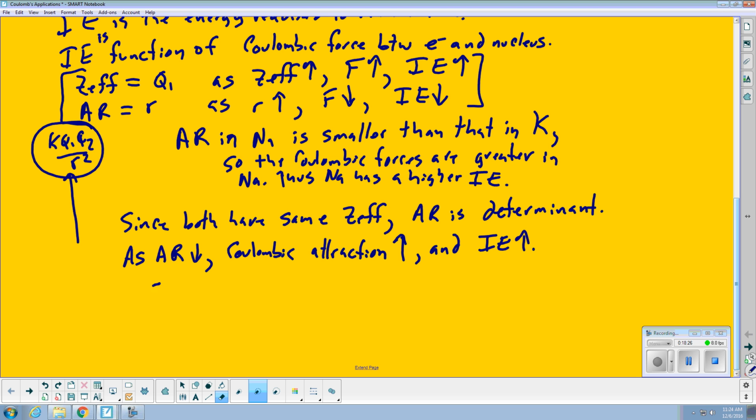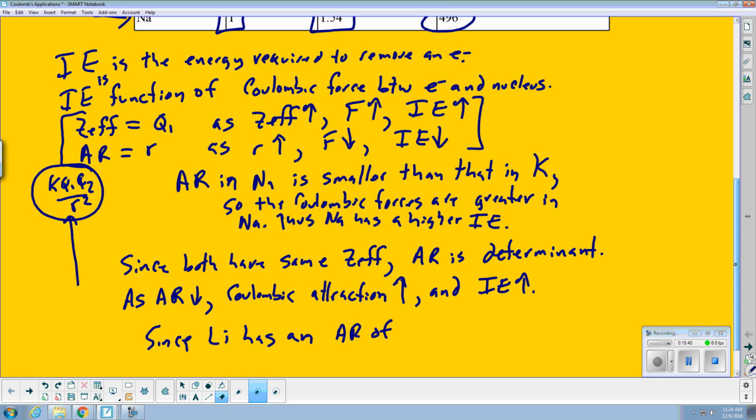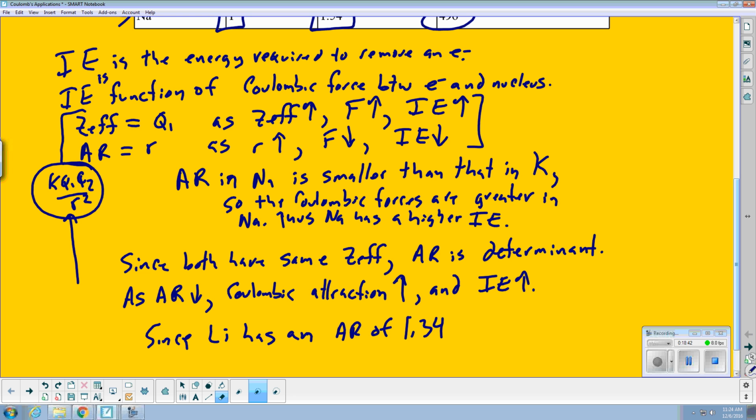So now, lithium has an atomic radius of, what was lithium's atomic radius? 1.34, and sodium has an atomic radius of 1.54.